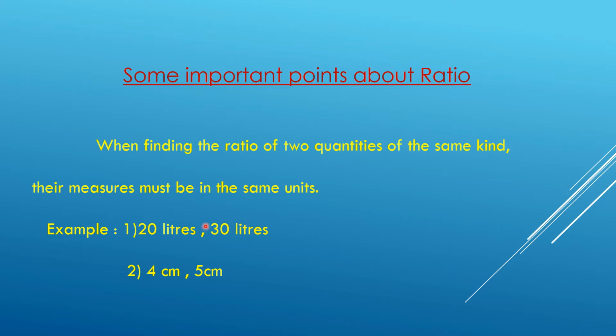And the second one is 4 centimeter and 5 centimeter. These two are also in the same units. And if one quantity is in meter and another one is in centimeter, then you have to convert them into the same units, and only then can you find the ratio of the two quantities.